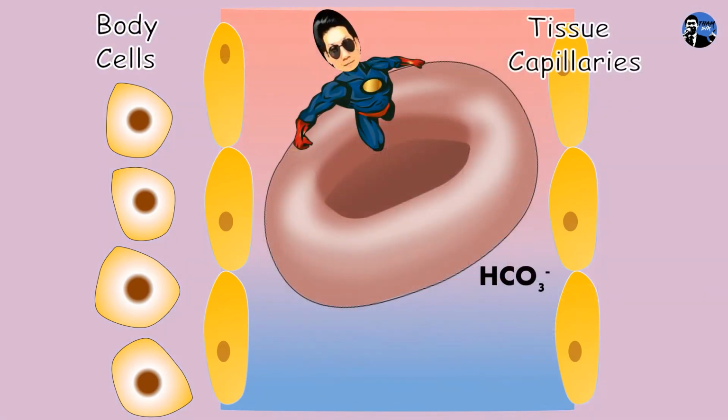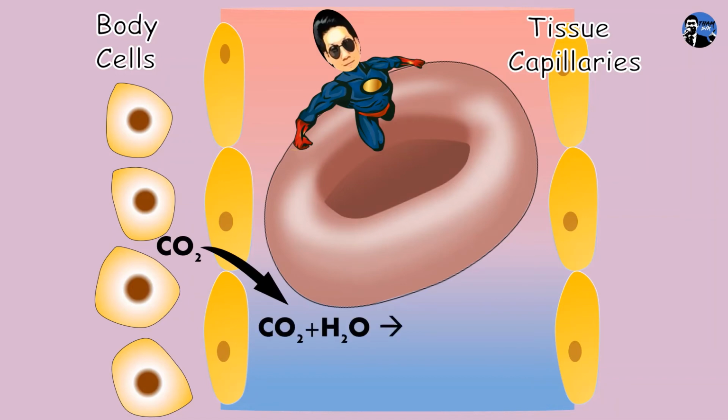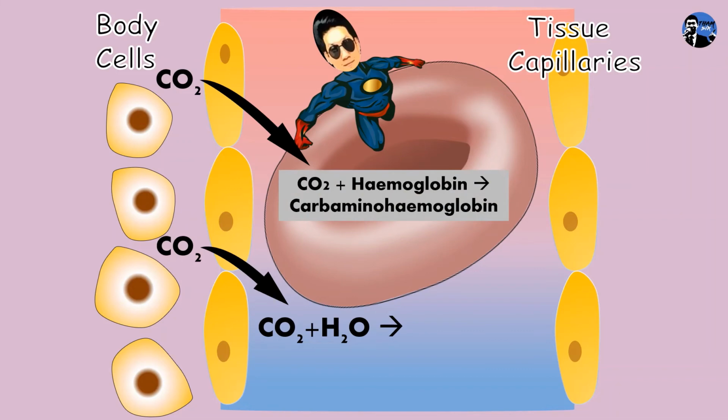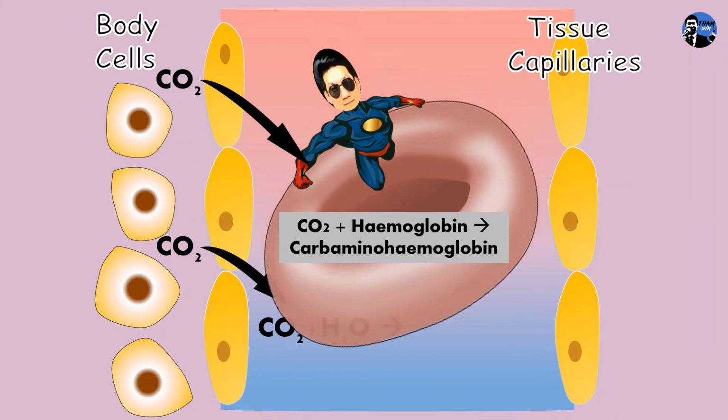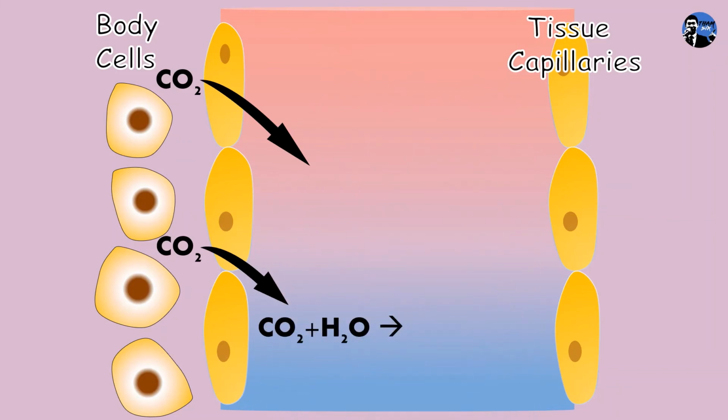These bicarbonate ions are then transported back to the lungs. 7% of carbon dioxide diffuses across the wall of tissue capillaries and is dissolved in water to form carbonic acid. Carbonic acid is then transported back to the lungs. 23% of carbon dioxide binds with hemoglobin to form carbaminohemoglobin and transported back to the lungs.